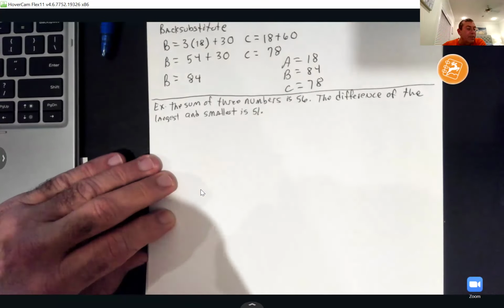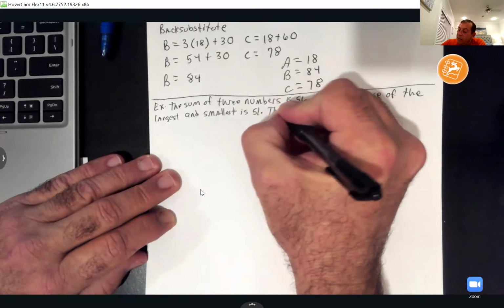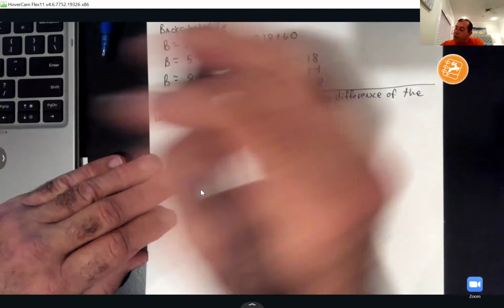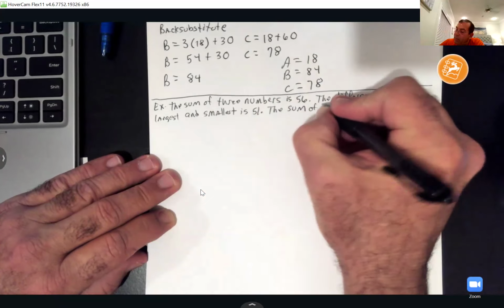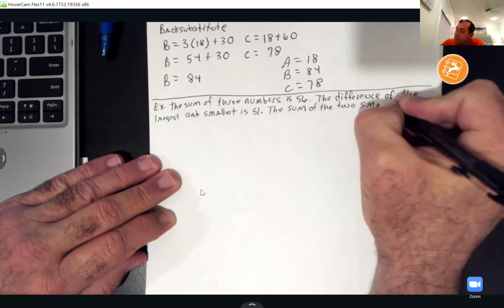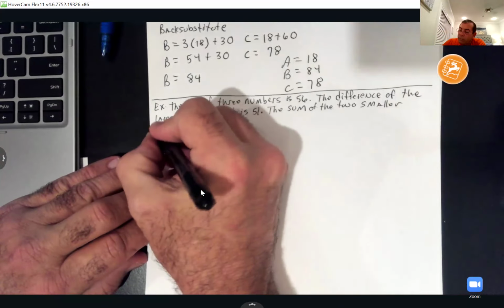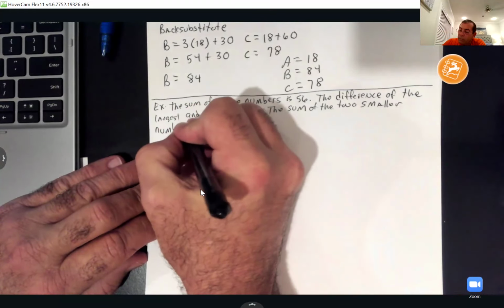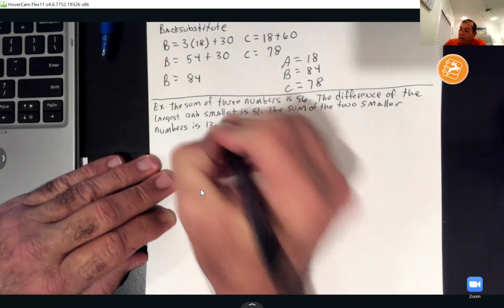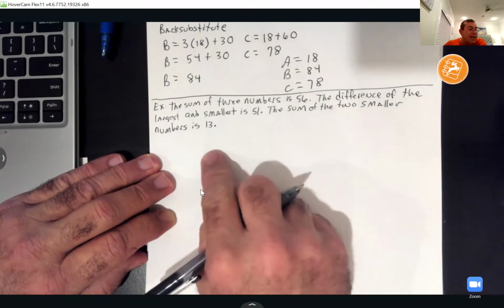And then the third sentence they gave us, the sum of the 2 smaller numbers is 13. So they gave me 3 sentences this time.